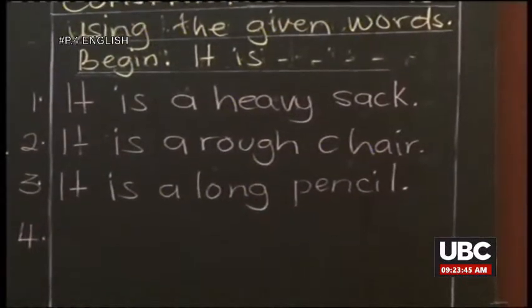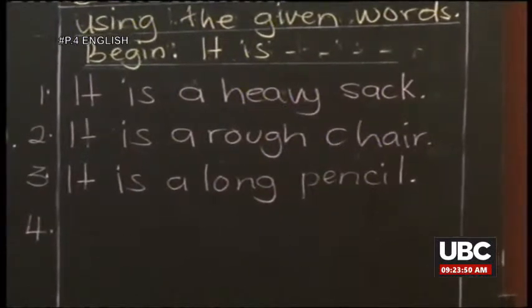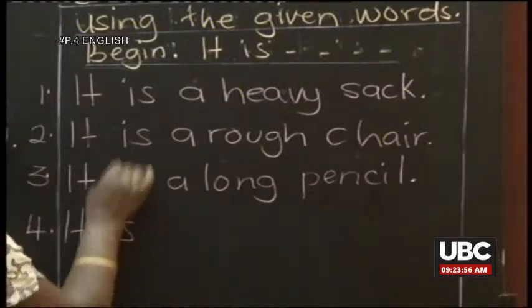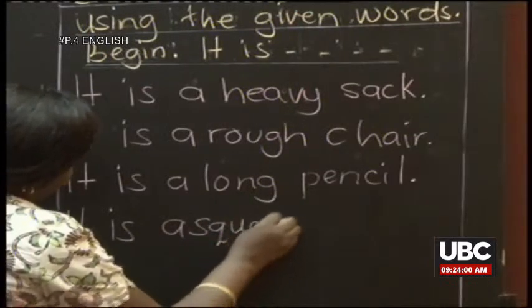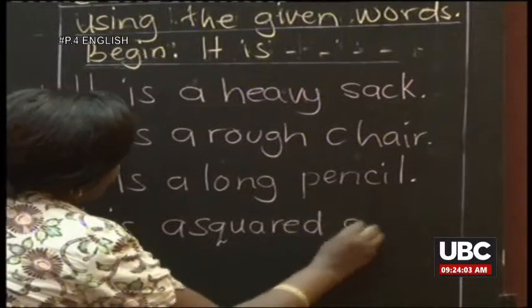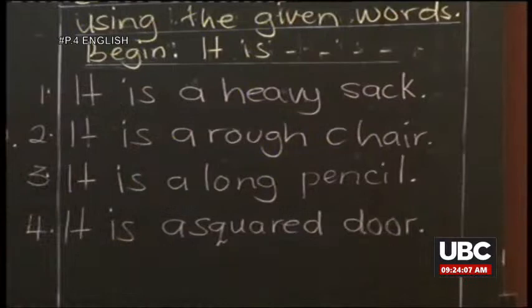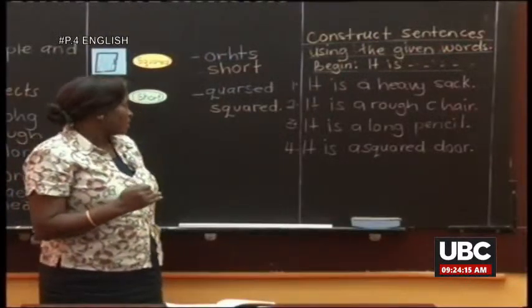Who is giving it to us using the word squared? Yes, let's take that one and we say, we are following the instruction and we say, it is a squared door. It is a squared door. It can also be a squared box. It can be a squared chair, table, a squared window. You are describing the noun.